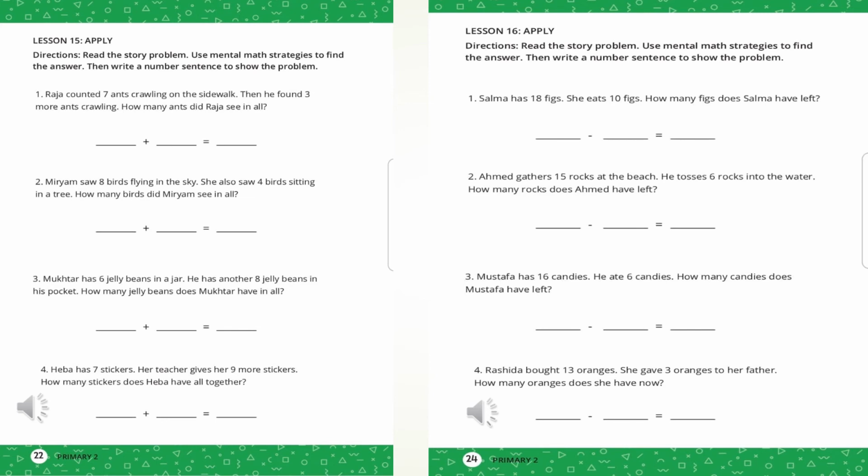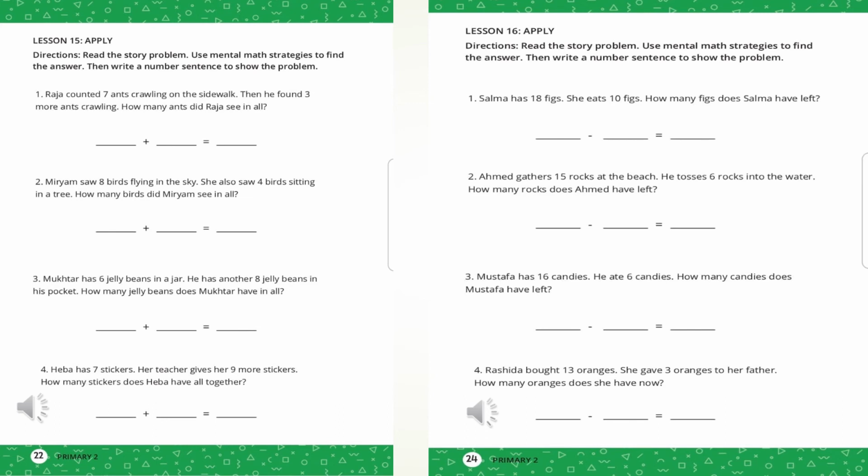In all means what? Do you remember keywords for addition? Sum, all together, total. So in all means plus. In addition sentence, we will write our numbers.